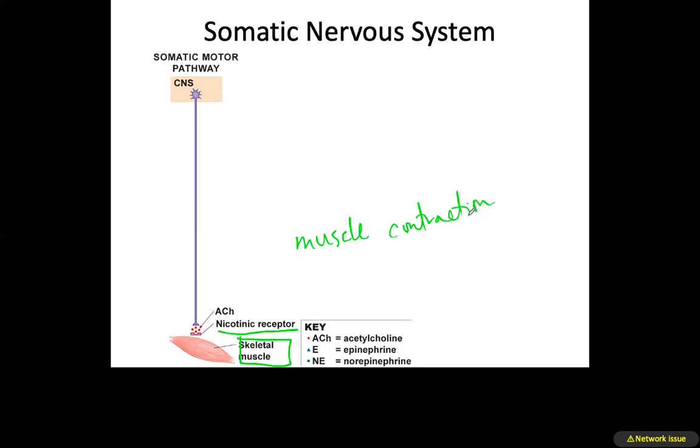And again, we'll go into detail about this when we talk about the neuromuscular junction later on. That's all you need to know in terms of the somatic nervous system. What is the neurotransmitter that is activating the system? What type of receptors they bind to, and the fact that these movements will be identified as voluntary motor control.